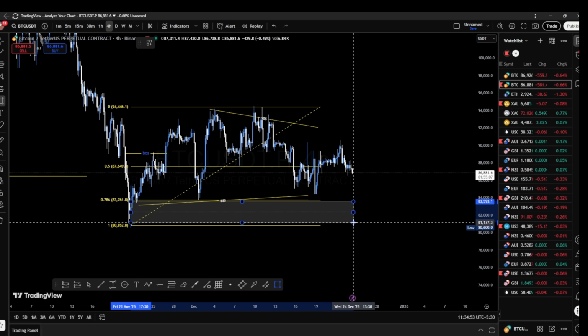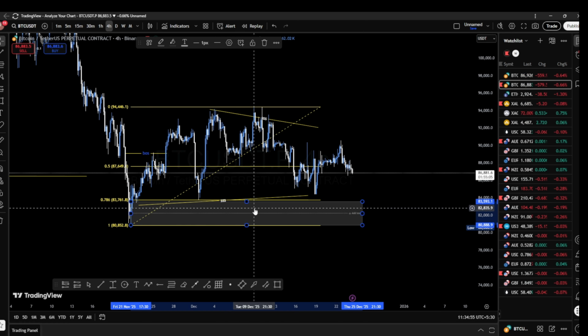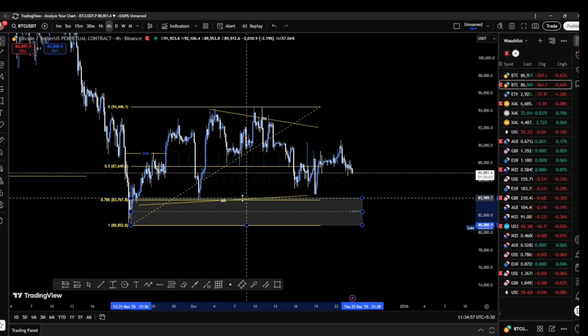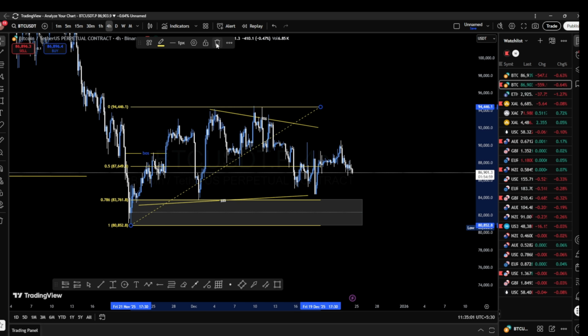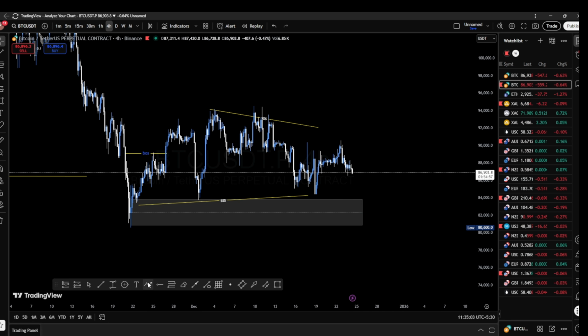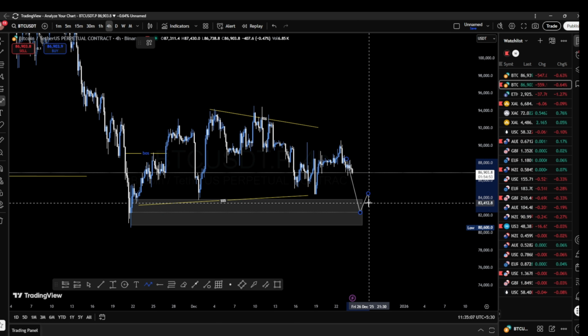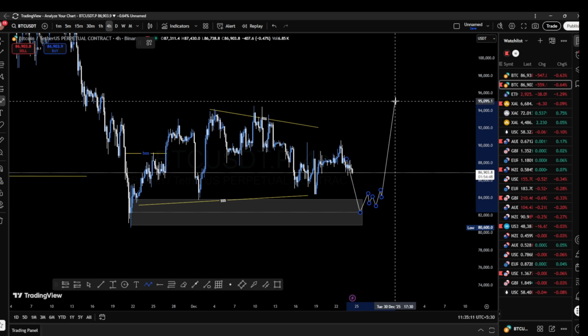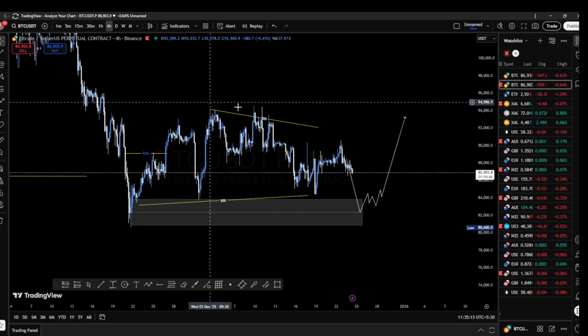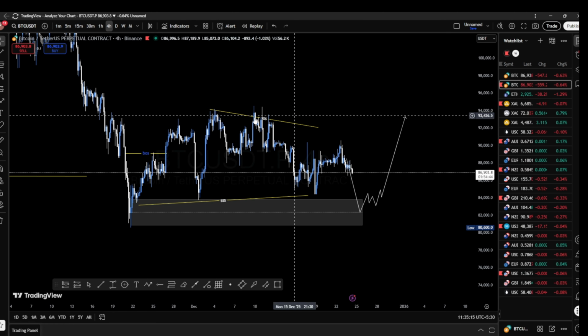These zones are already going upside, but you have to wait for the market to come to this zone. These are all liquidities, you have to wait for it to come to these zones and do some retracement or confirmation, whatever you want to call it, then go upside and target all these liquidities in the upside.